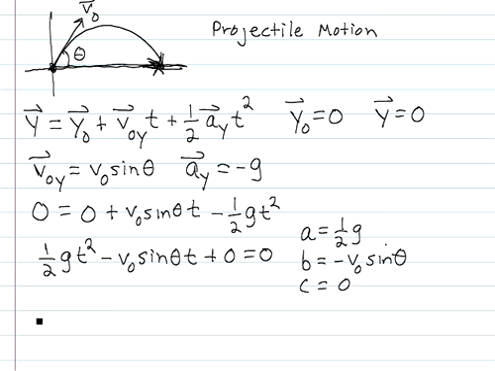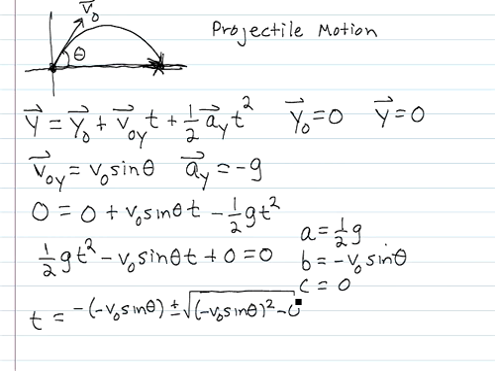So if we put that into the quadratic formula, minus b plus or minus the square root of b squared minus 4ac. Well, c is 0, so that's just minus 0. And all of that is divided by 2 times a, and a is 1/2 g.